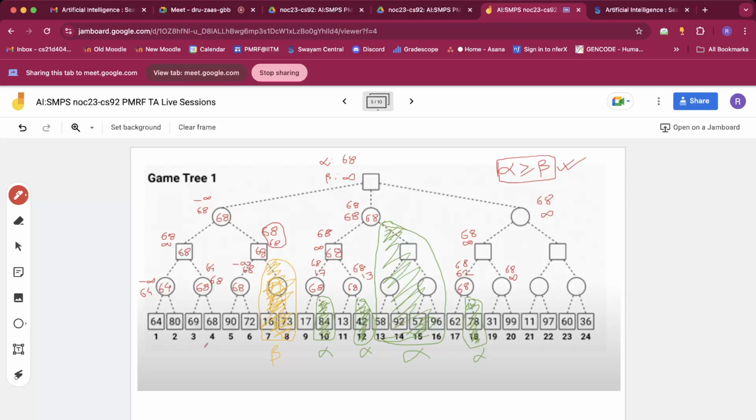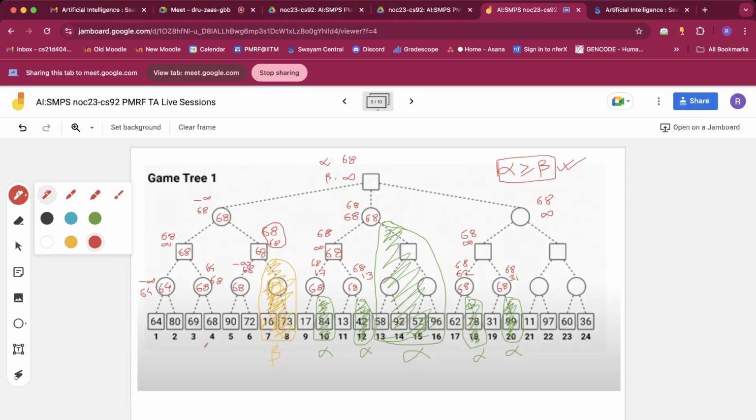This 31 node will offer 31, that will update the beta value from infinity to 31. Again a cutoff will happen because 68 is greater than 31. This will also have 68, and like in the previous example, this will again be cut off, and this will also be an alpha cutoff.